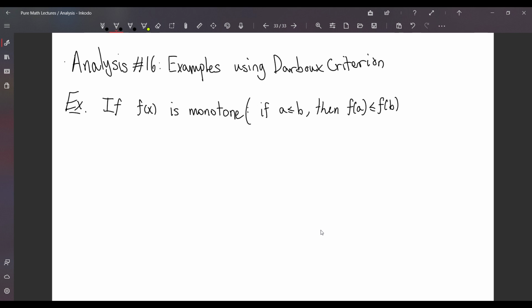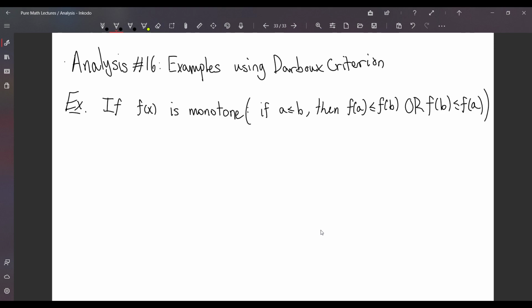So this would be monotone increasing, or you can have monotone decreasing, but it has to be one or the other for all points, right? It's not just saying that for any 2 points you can have one or the other. It's saying that f is either increasing or decreasing, not both.